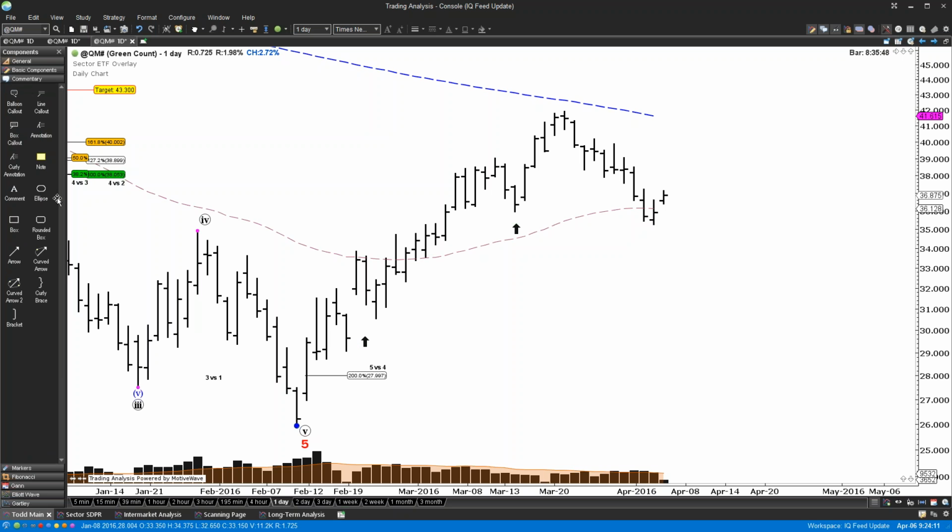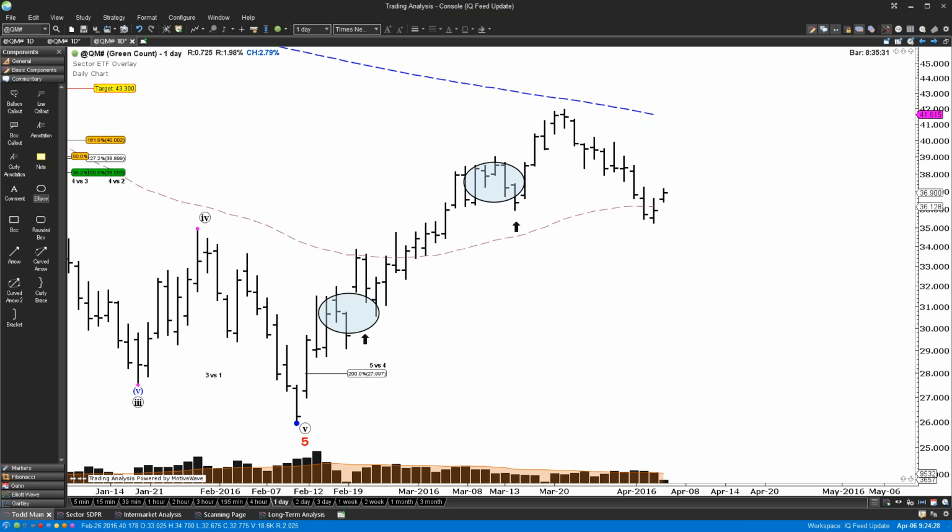So if we were to just call that a correction and call this a correction, we would call this the fourth wave correction, this wave 2, and then just fill in trend waves 1, 3, and 5 around it. Okay, so here's 1, down in 2, up in 3, down in 4, up in 5.